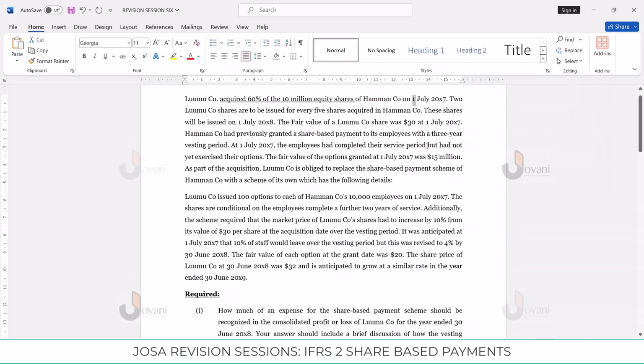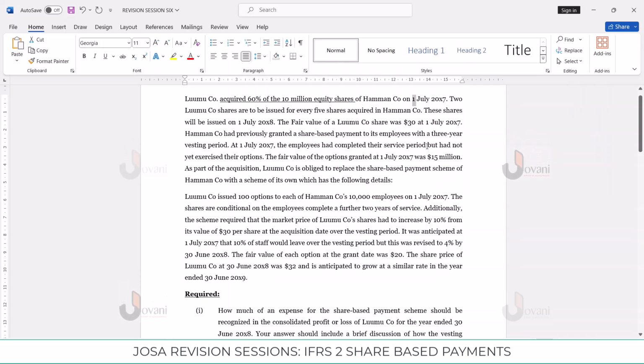As part of the acquisition, L is obliged to replace the share-based payment scheme of H with a scheme of its own, which has the following details. Very important, these guys are now supposed to issue another scheme, and this scheme should have the following details.